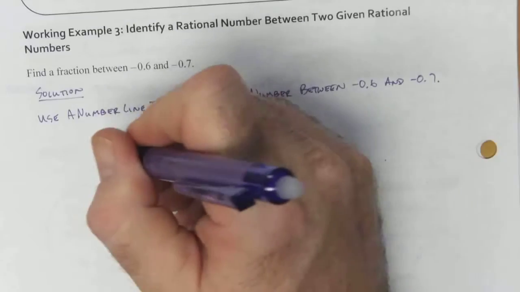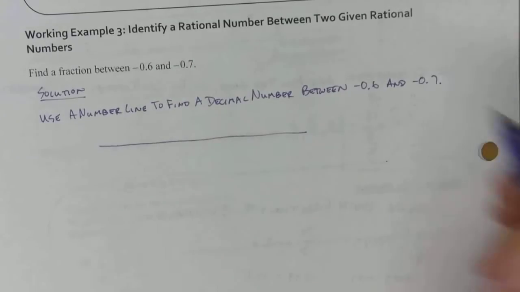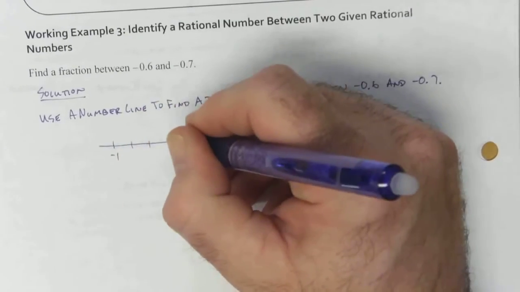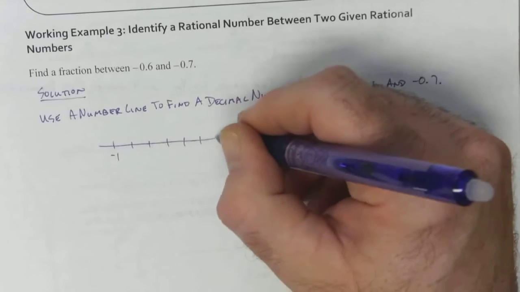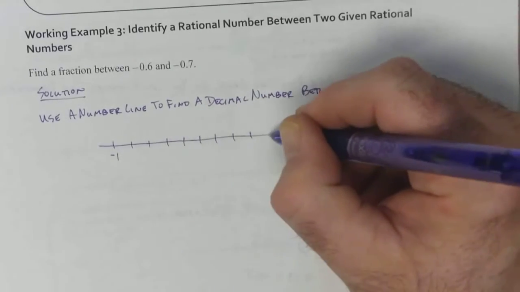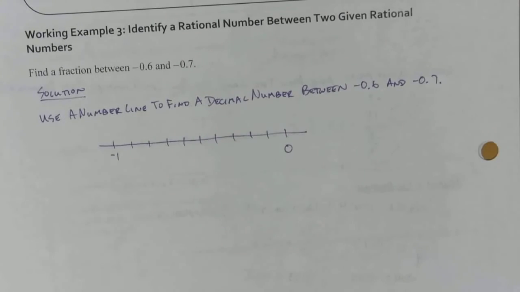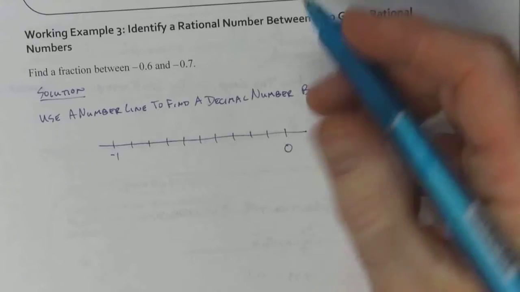And if we draw a number line, negative 1, and 0, we can locate our two numbers on here.